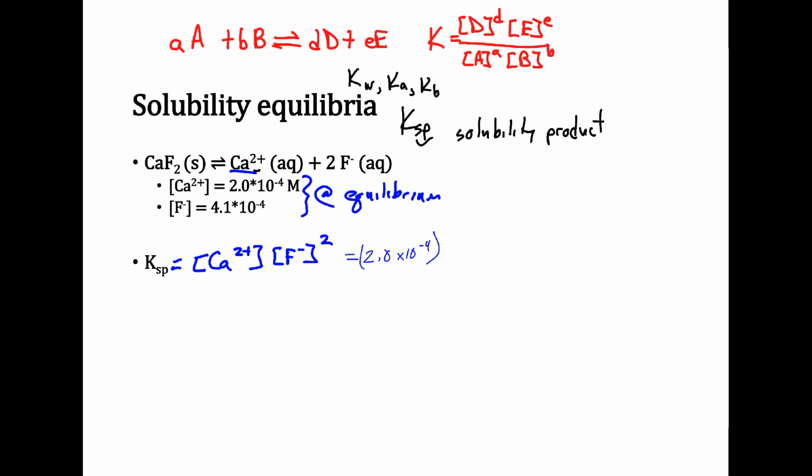And then for the fluoride concentration, we have 4.1 times 10 to the negative fourth, and then don't forget to square that. We would find that Ksp for calcium fluoride is 3.4 times 10 to the negative 11th. And we're going to learn how to look at those Ksp values to talk about the solubility of different compounds.